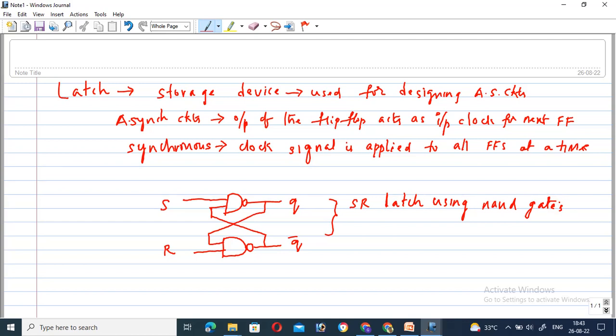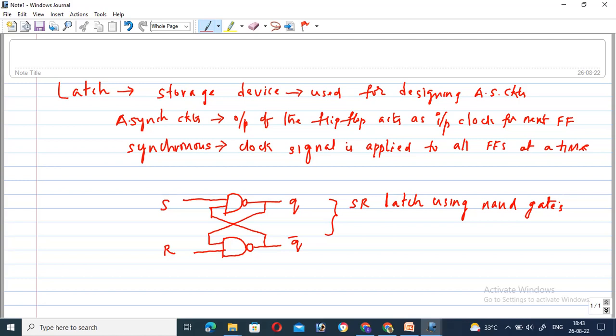So the characteristic table for the SR latch: generally you know that a NAND gate produces output high when both inputs are active low, or any one of the inputs is in the active low condition. So it is quite the opposite of the AND gate operation.